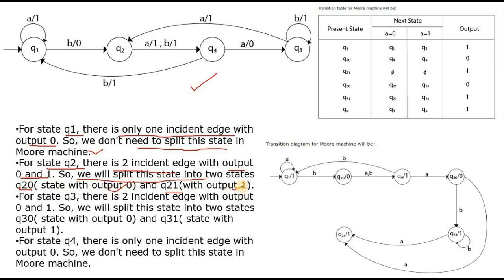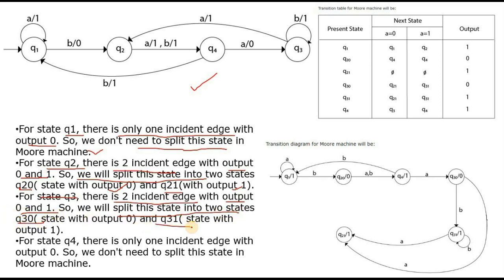For the state Q3, there are two incident edges with outputs 0 and 1, so we will split this state into two states, Q3 0 and Q3 1.